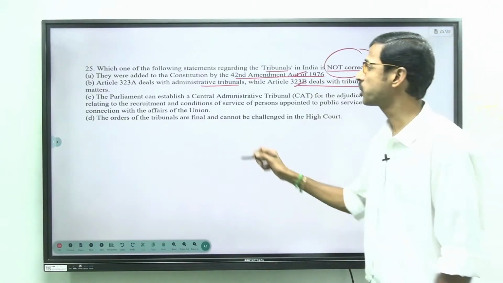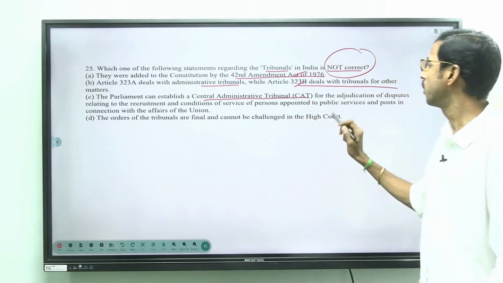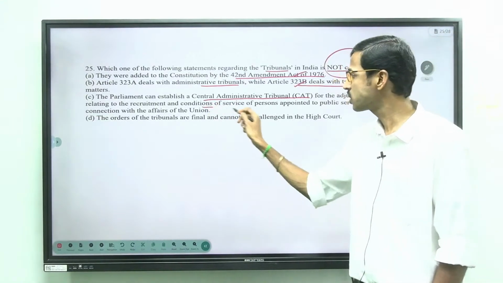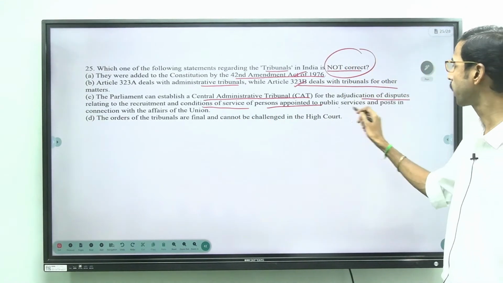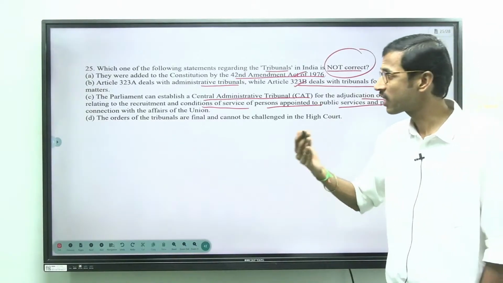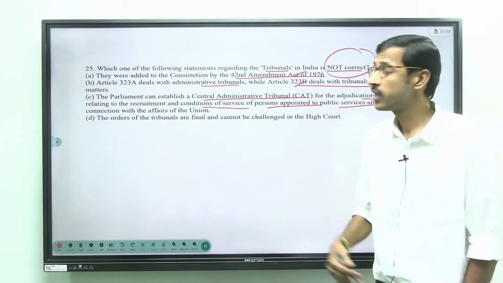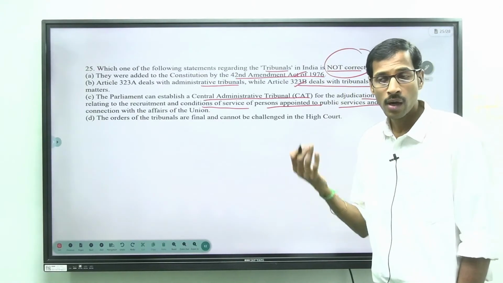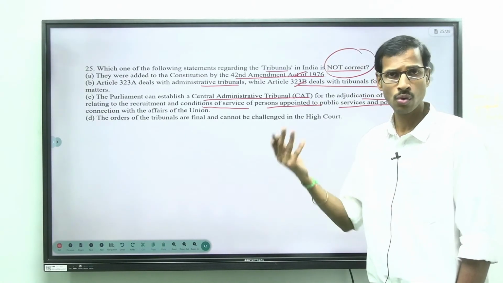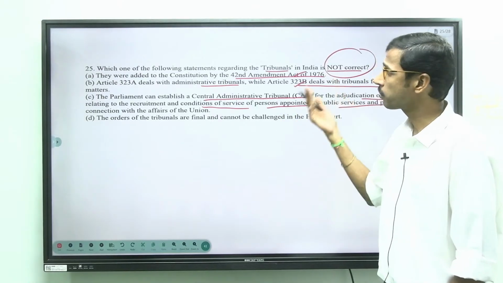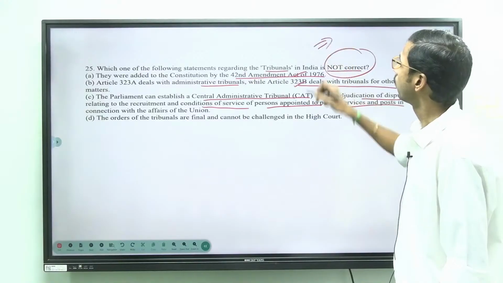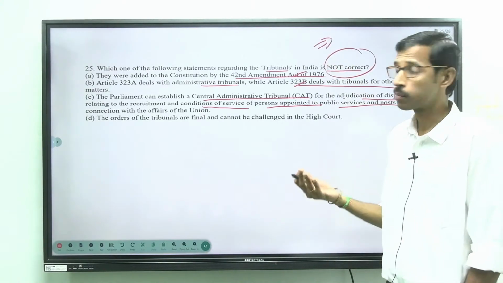Parliament can establish a central administrative tribunal for the adjudication of disputes relating to the recruitment and conditions of service of persons appointed to public services and posts in connection with the affairs of the Union. Because we have had so many pending cases in the courts, we created these tribunals to deal with the pending cases, right?